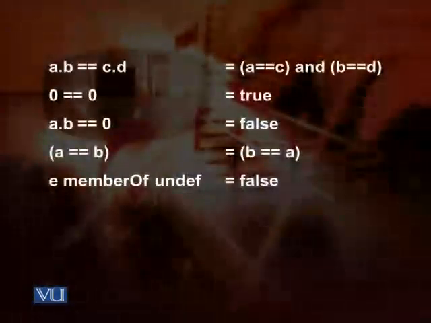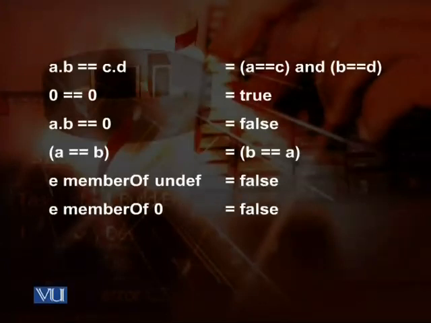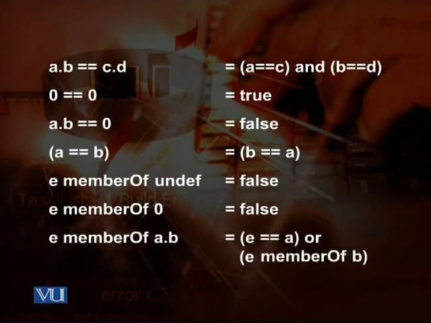Then we have e member of undef is equal to false. E member of 0 is equal to false, obviously. E member of a dot b is equal to e equal to a, or e member of b. This membership function we have seen already. This is exactly the same definition that we gave earlier on.